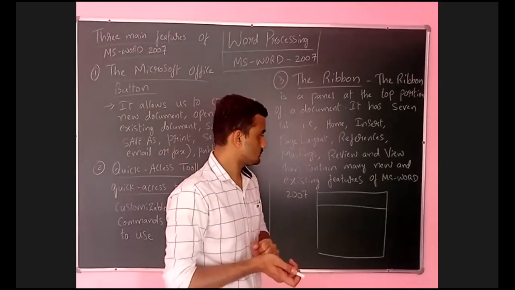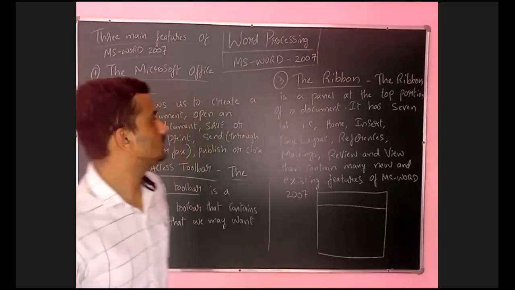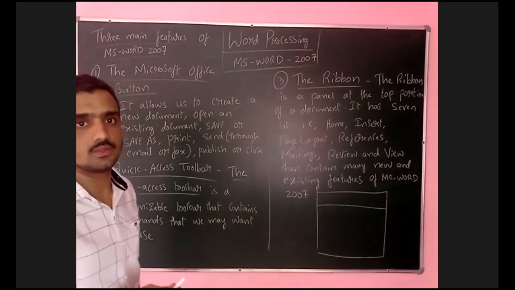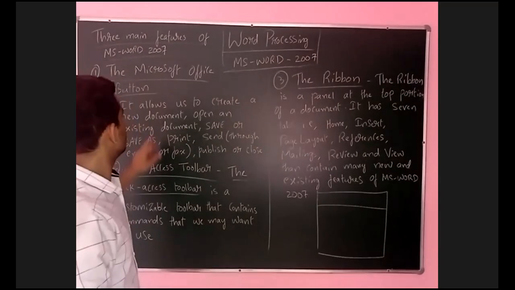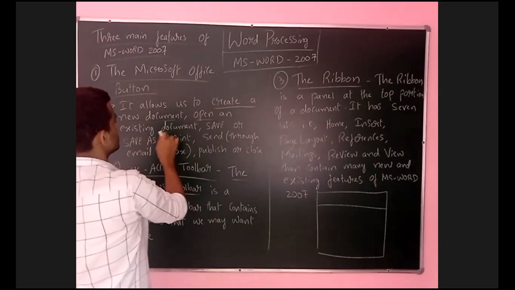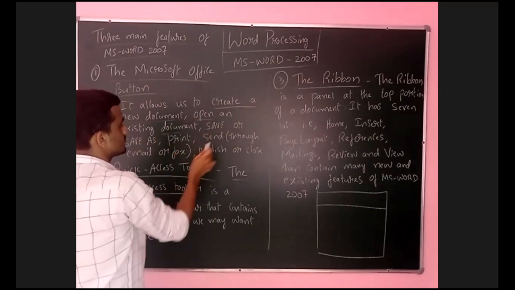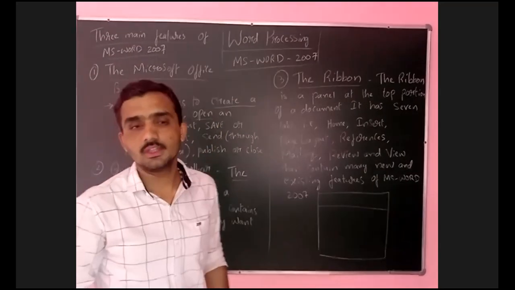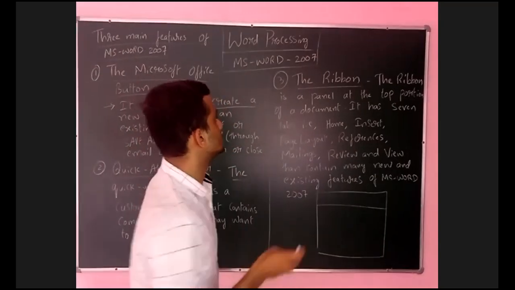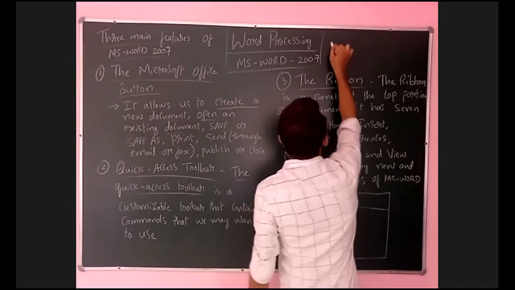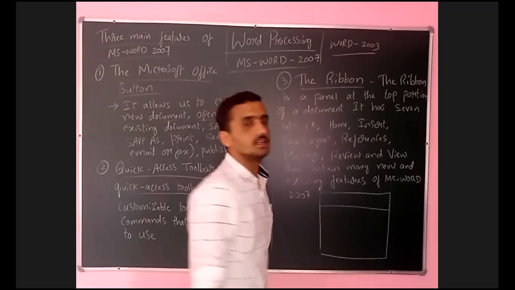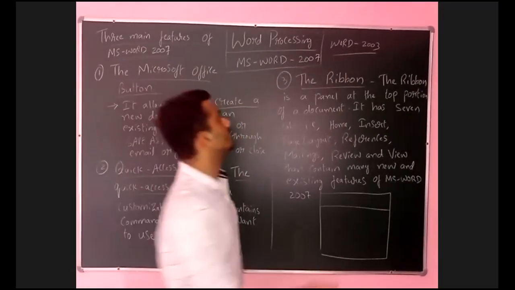Coming to the Microsoft Office button, let's see what we can do with it. It allows us to create a document, open an existing document, save as, print, send, publish. In previous versions of MS Word, like MS Word 2003, we had the file menu.